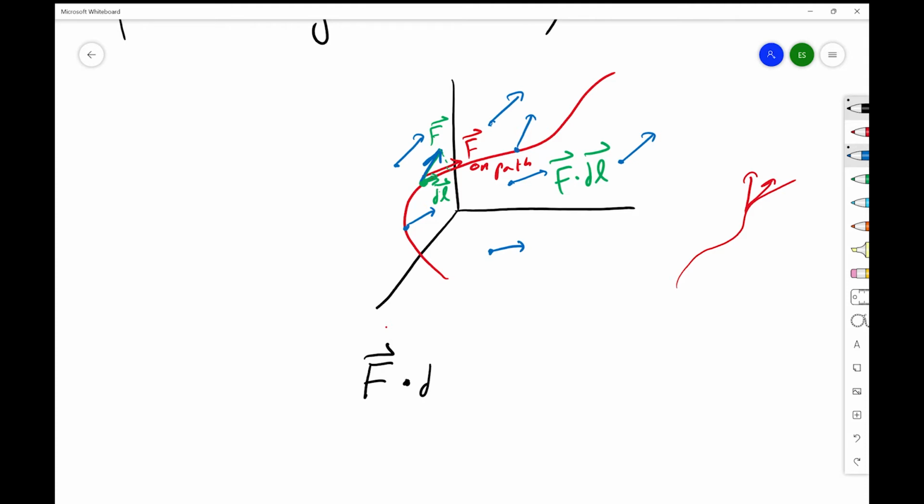This is a dot product with a segment, a line segment dl, a displacement segment. You have multiple segments like that forming a path, and you're summing up this dot product from point P1 to point P2.